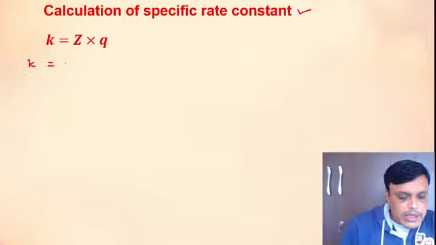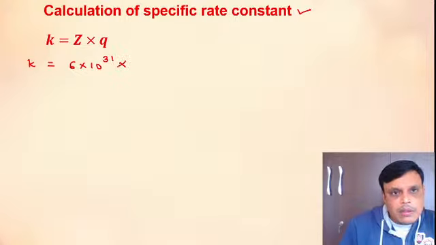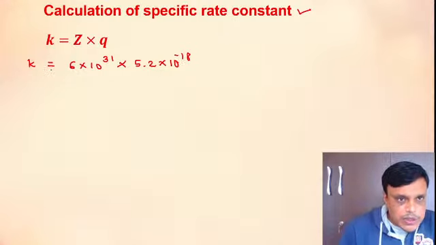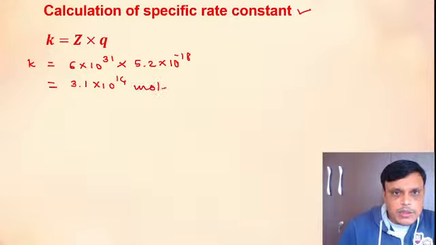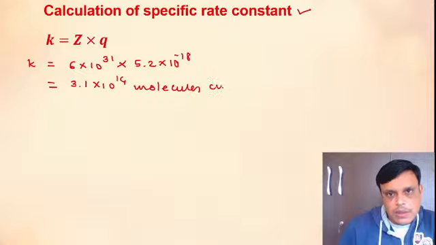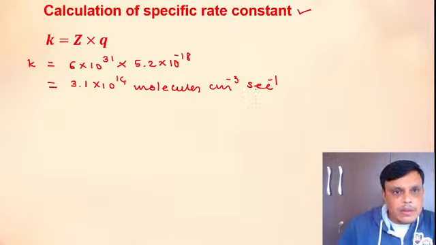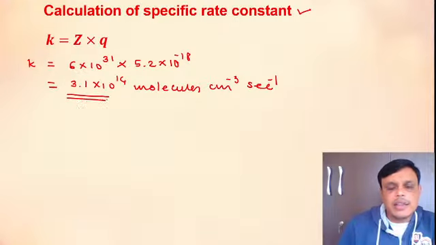K is equal to, what value of Z did we calculate? 6 into 10 to the power 31, and the value of Q, 5.2 into 10 to the power minus 18, we calculated this. Okay. And if you solve this equation, if you do this multiplication, you will get 3.1 into 10 to the power 14 molecules. The unit is molecules per centimeter cube per second. This is the specific rate constant and this is in molecules.